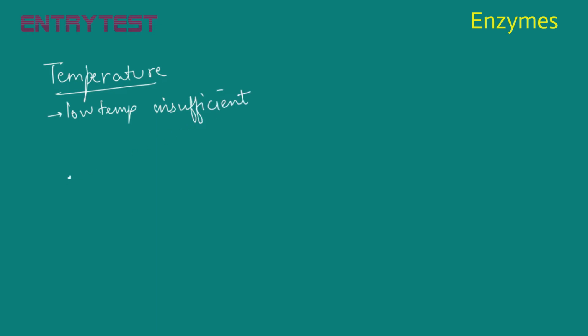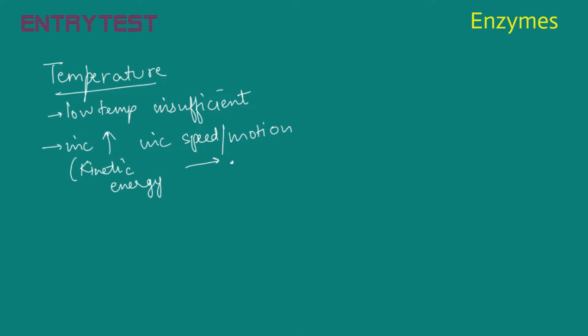Increasing the temperature increases the speed and the motion of both enzyme and substrate, so there is higher enzyme activity. This is because there will be higher kinetic energy, and this higher kinetic energy will result in more frequent collisions between enzyme and substrate.